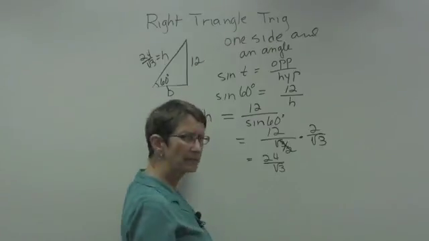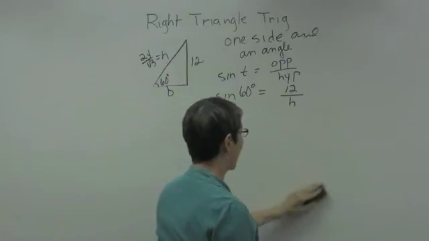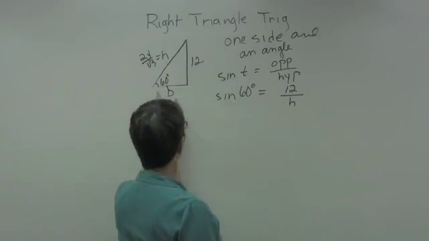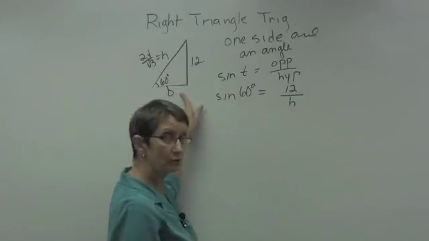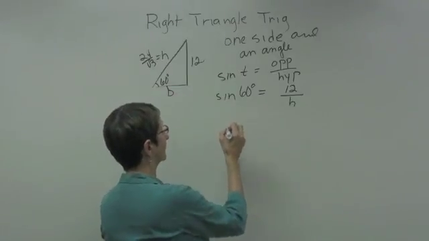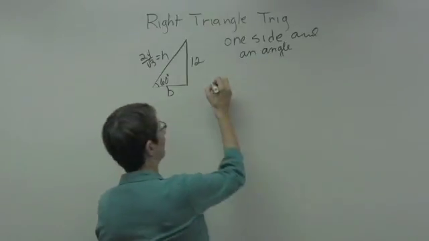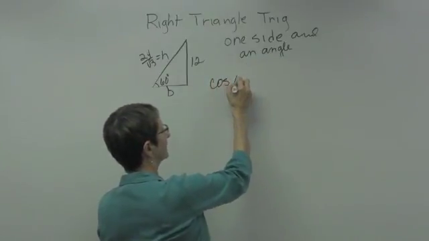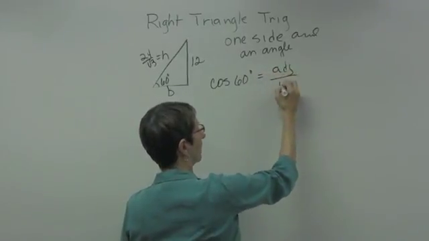Well, a couple of different things you can do here. I can go back and use, since b is the adjacent side, I could use cosine of 60. Let's put that one up here. If I do cosine of 60 degrees, that would be adjacent over hypotenuse.